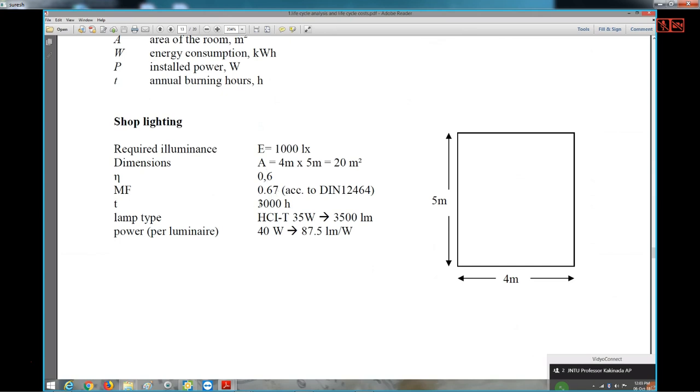The time of operation is 3000 hours. The lamp type is given as HCI 35 watts, delivering 3500 lumens. The power rating of this lamp is 40 watts, with luminous efficacy of 87.5 lumens per watt.